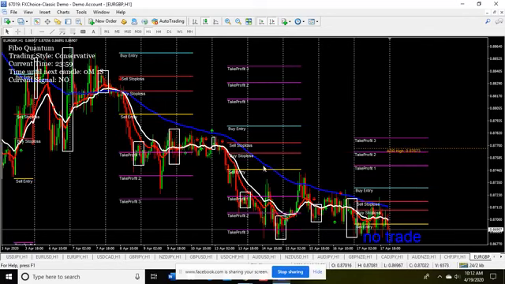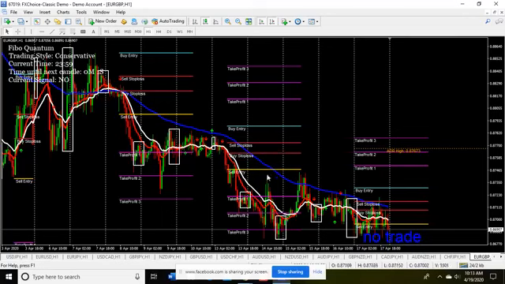But anyway, you see here we have the red, white, and blue moving averages. The red is the 13-day, the white is the 21, the blue is the 89. We use these moving averages to determine the global trend. When the 13 is below the 21 and both are below the 89, that confirms a downtrend.